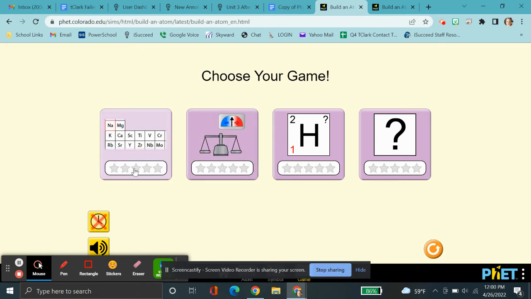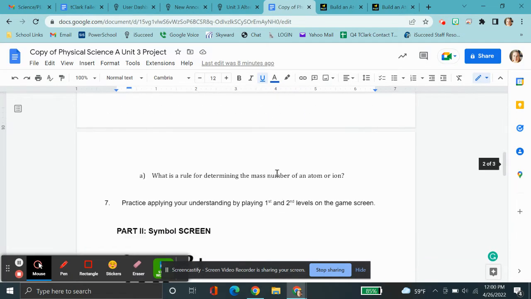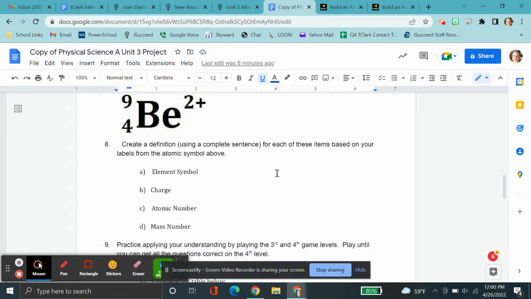Number 8, we're going to create a definition for element symbol, charge, atomic number, and mass number based on beryllium. Back to our page here. Okay, so you'll write: the element symbol is Be, the charge is 2 plus, the atomic number, and then the mass number.